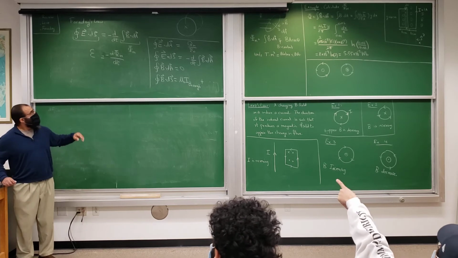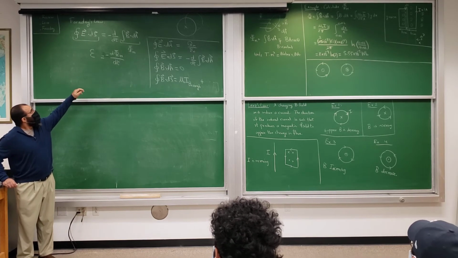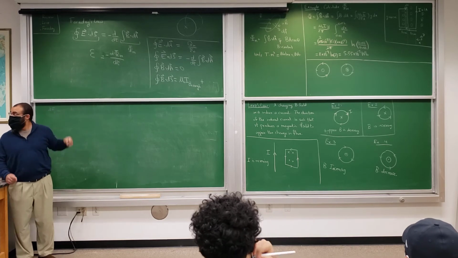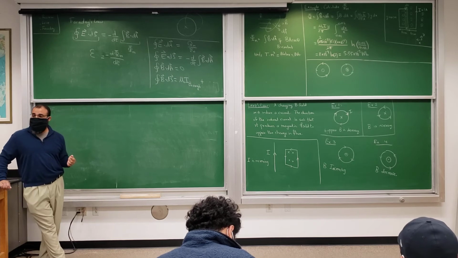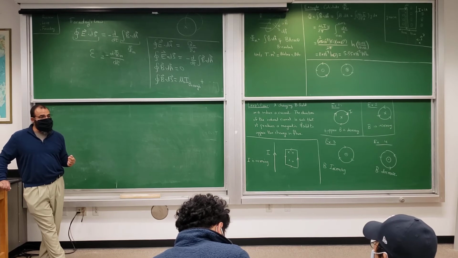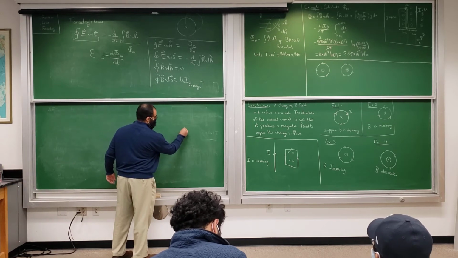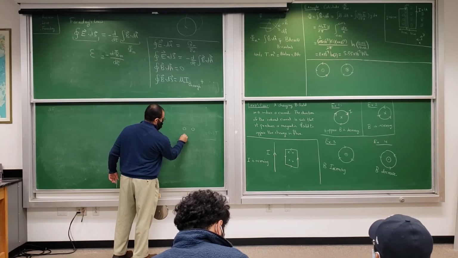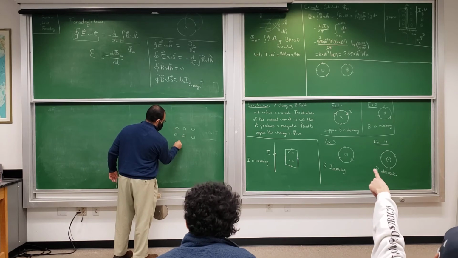Okay, so that's Faraday's law, and basically it says a change in magnetic field will induce an electric field. So what we will see is, let's say you have a magnetic field coming out.